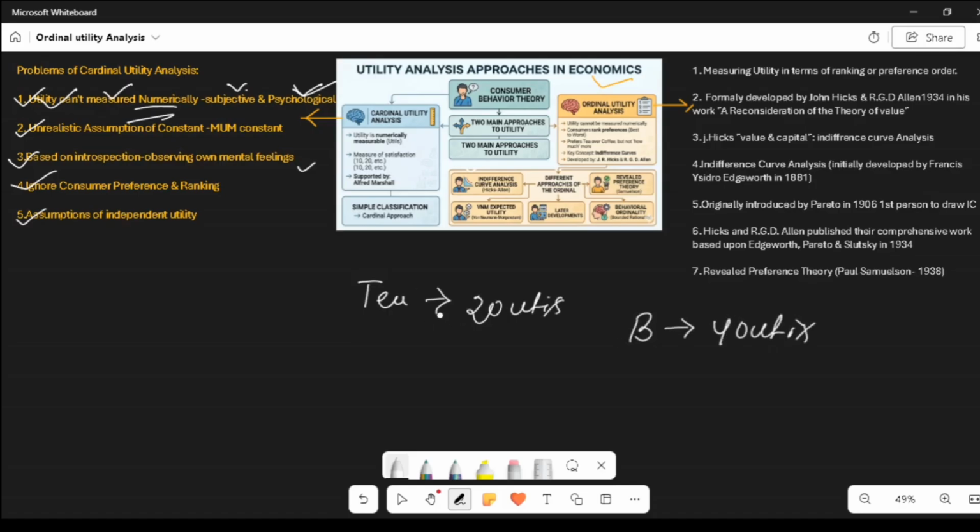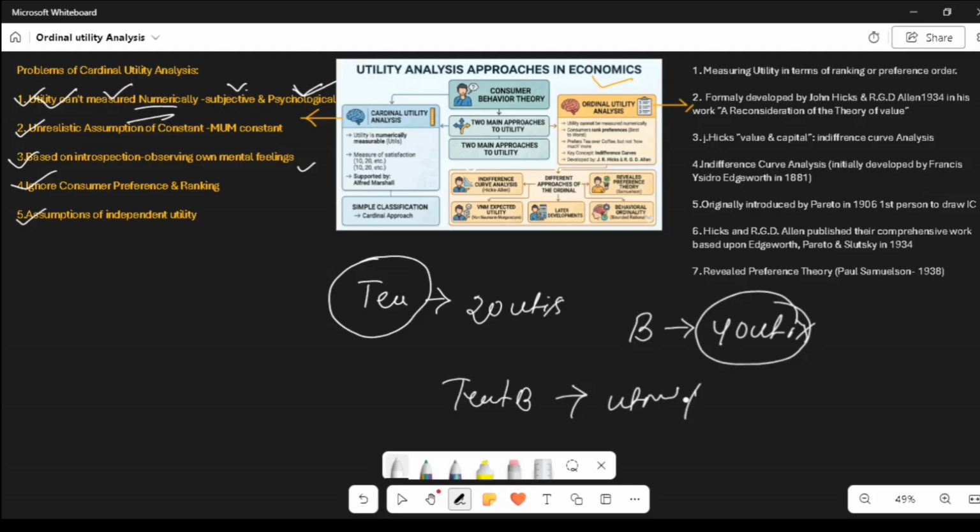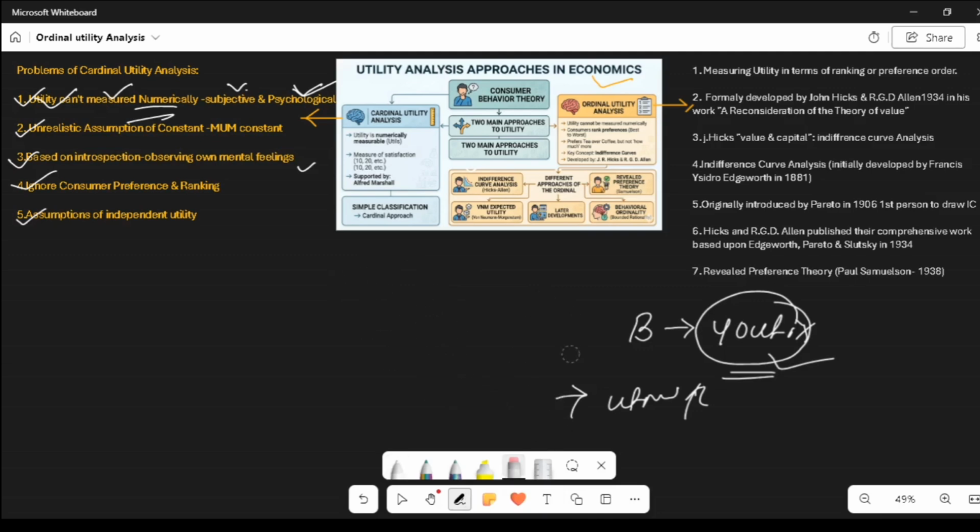So in cardinal utility analysis they are measured independently, but in reality, if one gets a biscuit along with tea, the utility would increase. So according to the cardinal utility analysis, there is independent measurement of the utility: tea utility separate, biscuit utility separate. But in practical life, it may increase. So these are some of the basic problems that arise in the cardinal utility analysis.